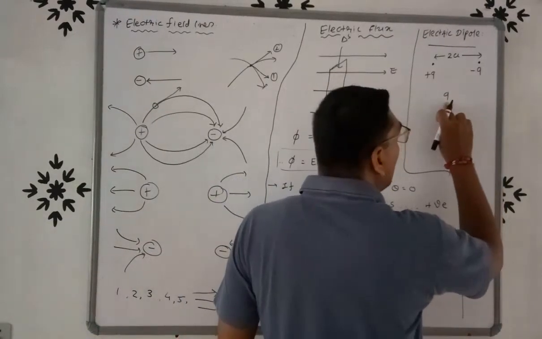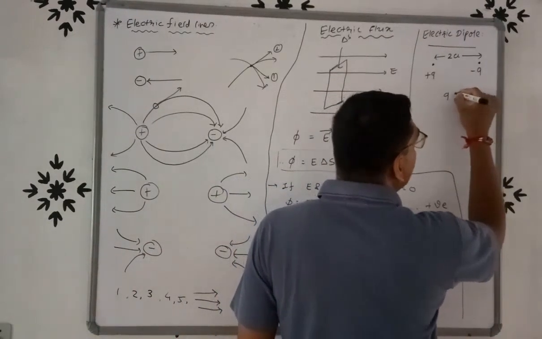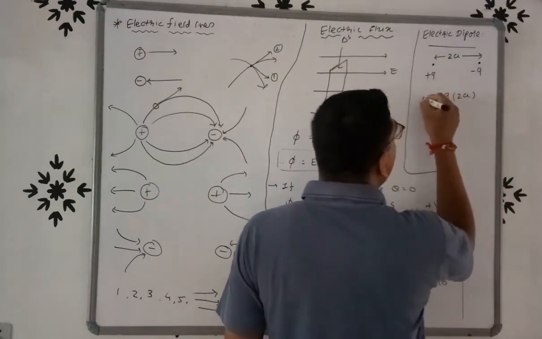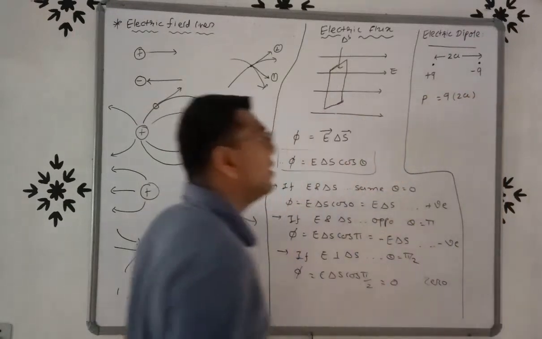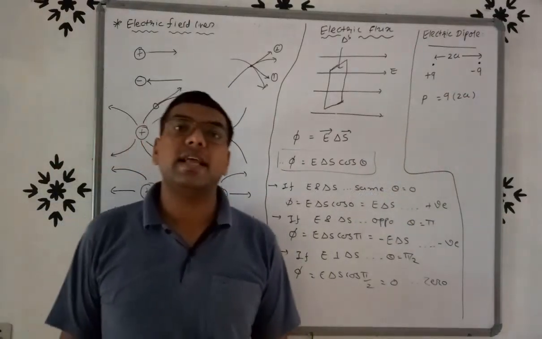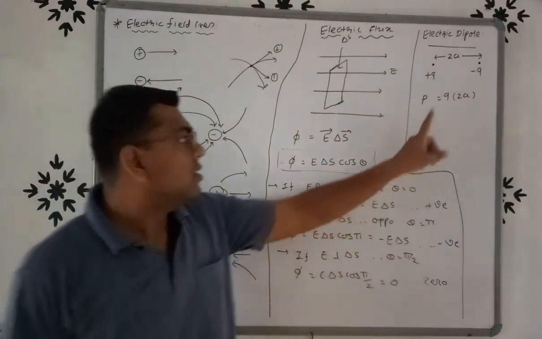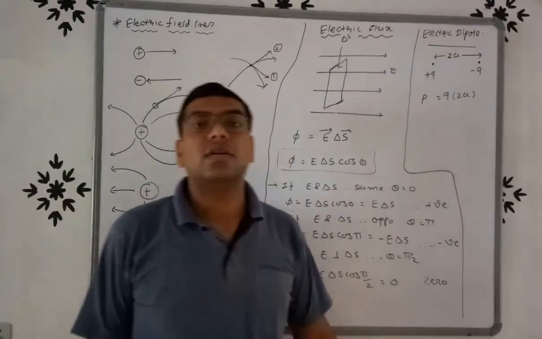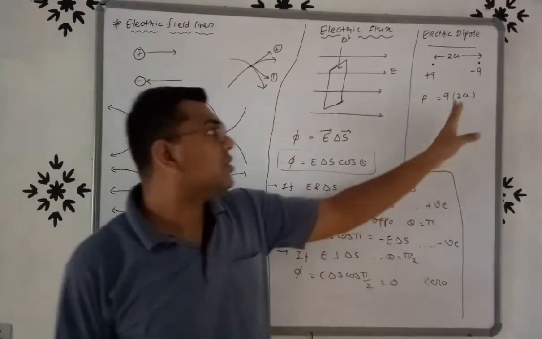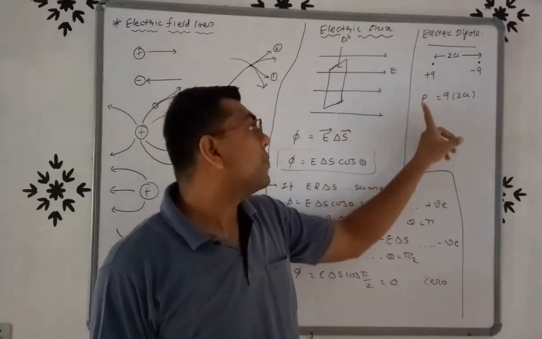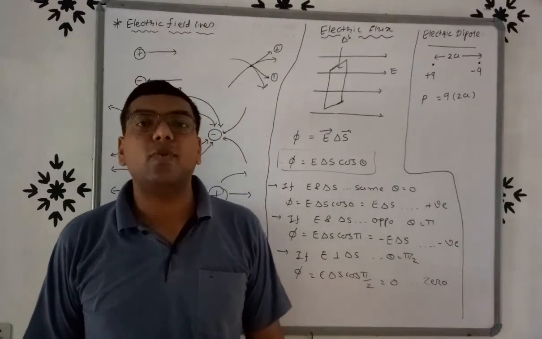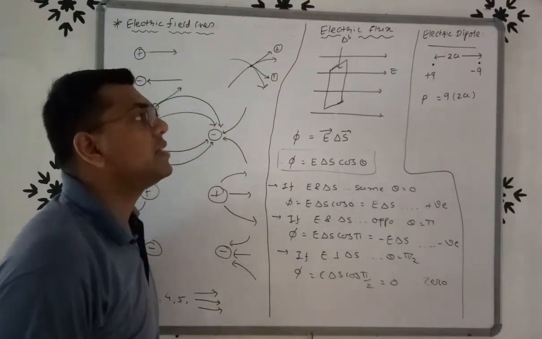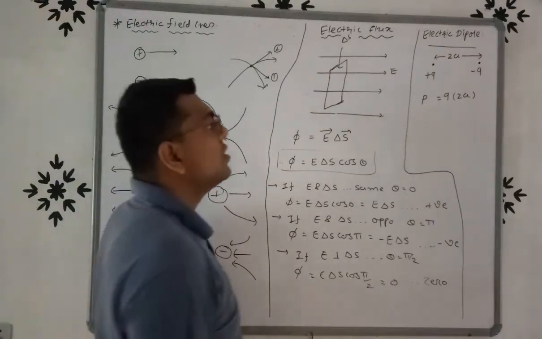The product of charge Q and distance between the charges 2a is known as the electric dipole moment, right? So what is electric dipole moment? Electric dipole moment is the product of charge and distance between the charges, right?